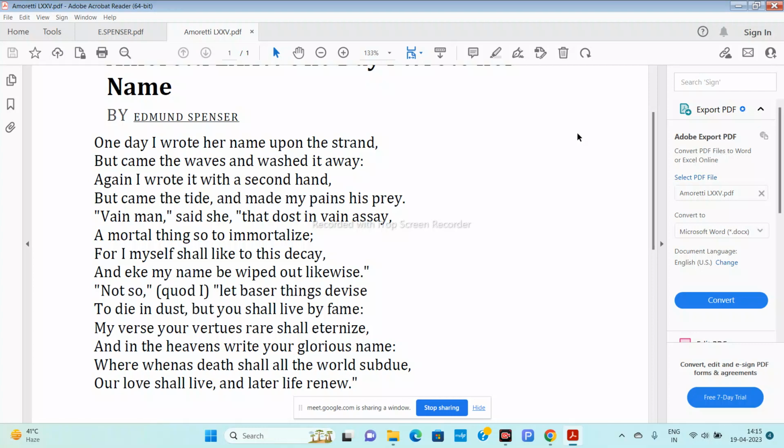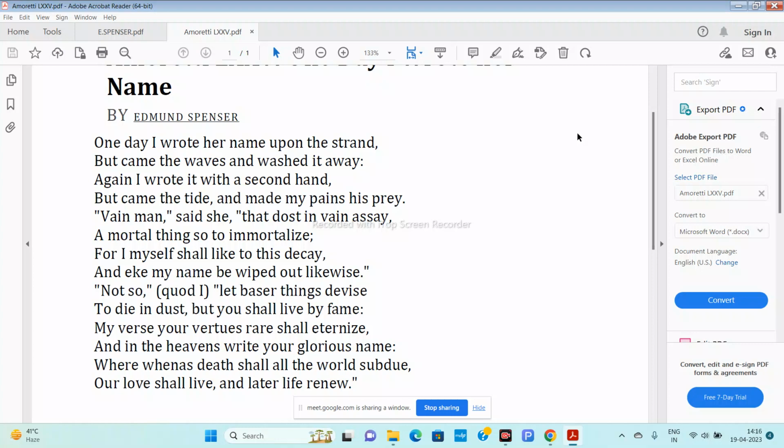And his beloved, that is Elizabeth Boyle, who had been his second wife, she was with him. And what was he doing? One day I wrote her name upon the strand. So he was trying to write the name of his beloved on the sands. But came the waves and washed it away.